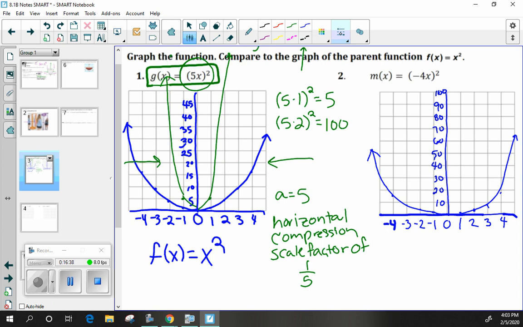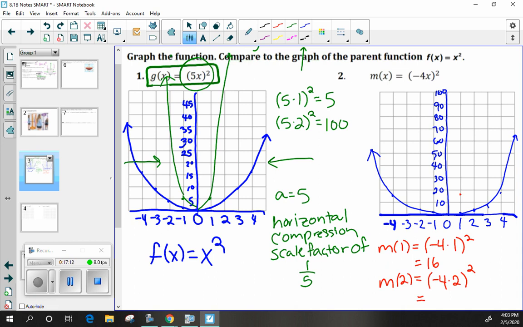We are going to put in 1 for the value of x. So m of 1 equals negative 4 times 1 squared. And we get 16. So that's about, let's say right there. Let's try m of 2 equals negative 4 times 2 squared.